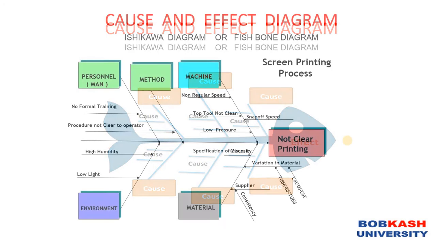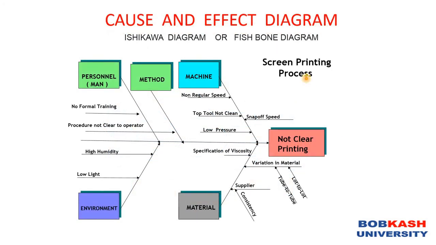Let's take a quick example. Let's say we are making a fishbone diagram or a cause and effect diagram of a printing process, a screen printing process. So our problem is that printing is not clear, right? This is what we see. What you can see on the manufacturing line is that printing is not clear. Printing is not clear is our effect, the problem.